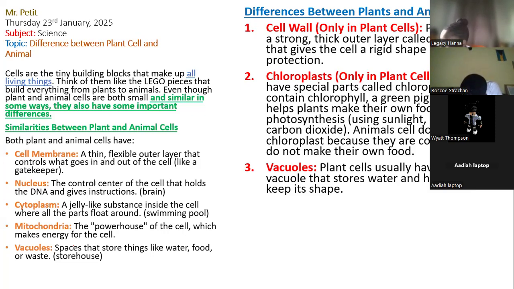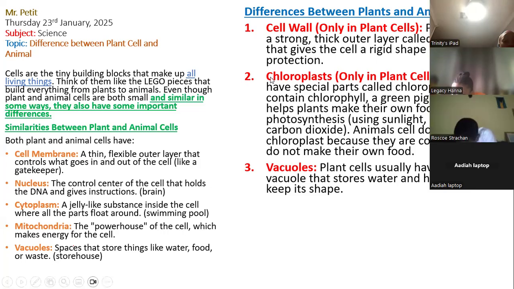It's right there on the board, number 2. I can see it, but I don't know another difference. Read number 2. Plant cells have special parts called chloroplasts. Chloroplasts are only in plant cells.